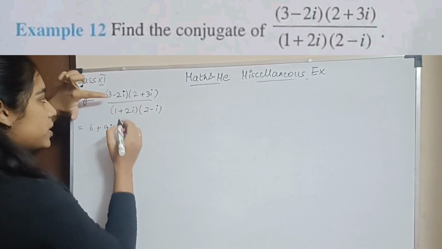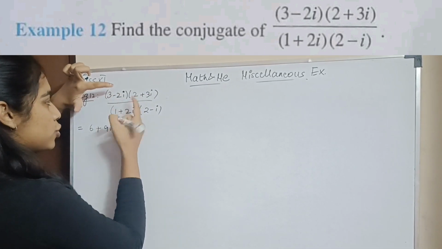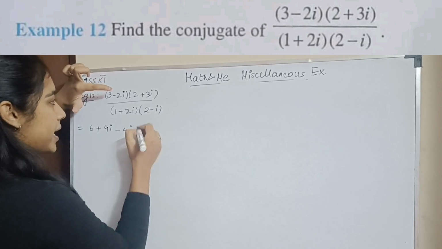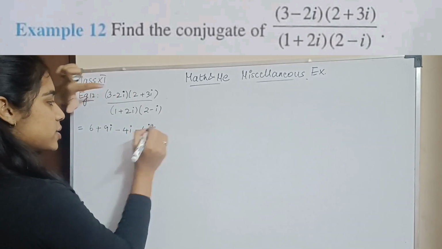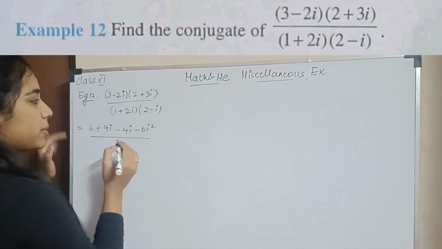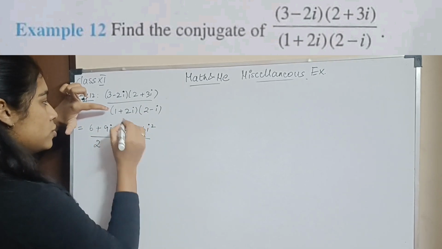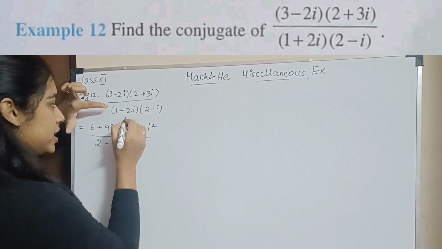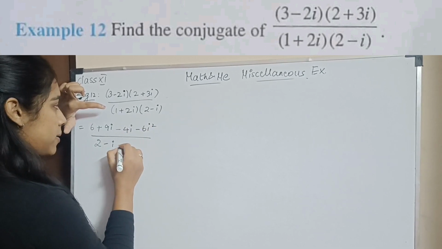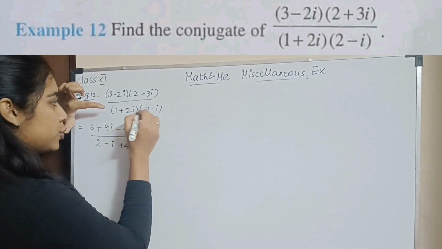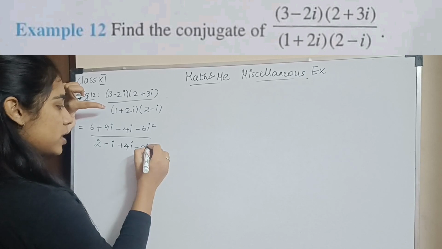Now minus 2i: minus 2 twos are 4, 4i, minus 3 twos are 6, i square. Divided by, denominator 1 times 2, 2, 1 minus i, 2i, 2 into 2 plus 4i. 2i into minus i is minus 2i square.